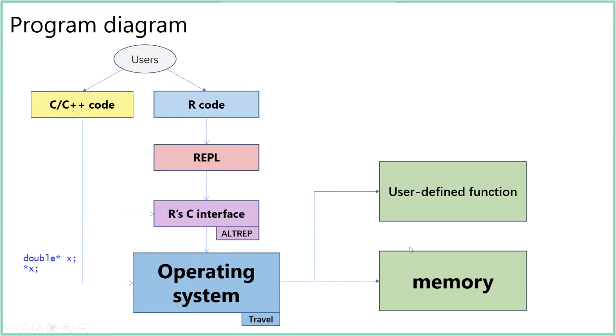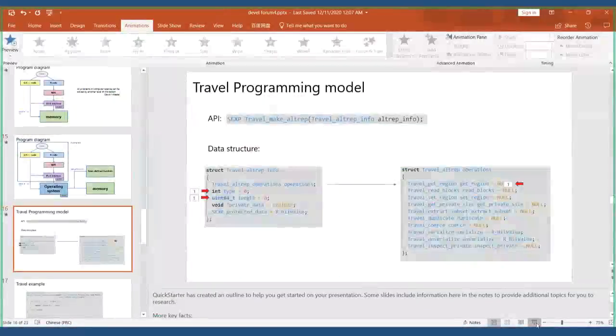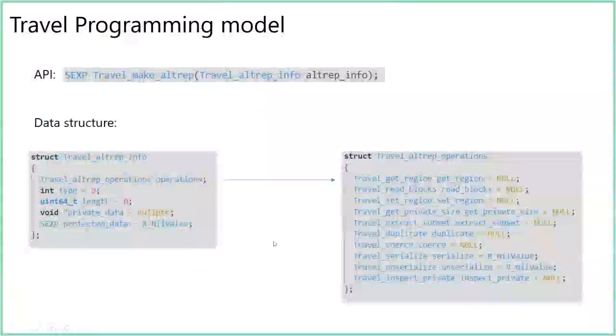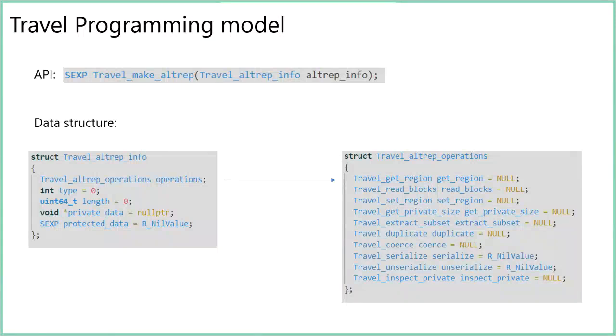That's a good question. Here is the full set of APIs provided by the package, and you can see there is a set region function in the package. Not only can it read the data from the pointer, it can also set the data in the pointer. So every time you write data back to a pointer, this set region function can be called, and you will get notified that something has changed.